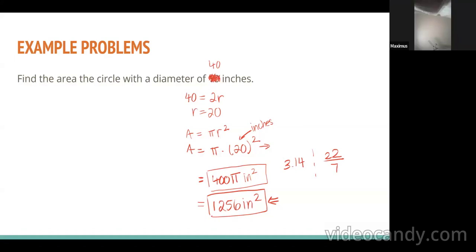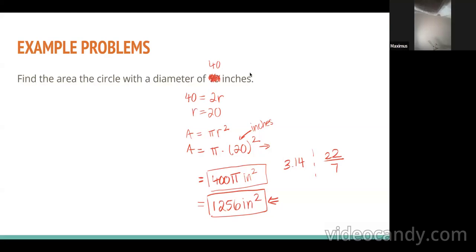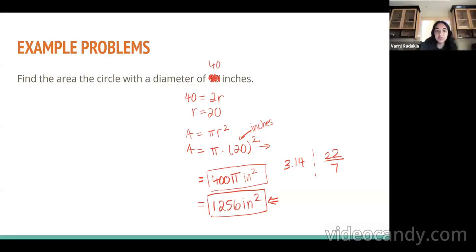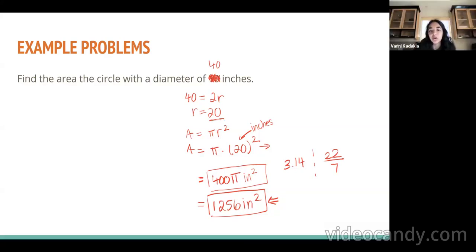Oh, the radius is not 10, because our diameter is 40. So when we divide 40 by 2, we get 20, not 10. Just be careful when you do your arithmetic to make sure you divide it correctly. I think you might have done it the right way, with just the wrong numbers. So be careful to make sure you're using the right numbers.